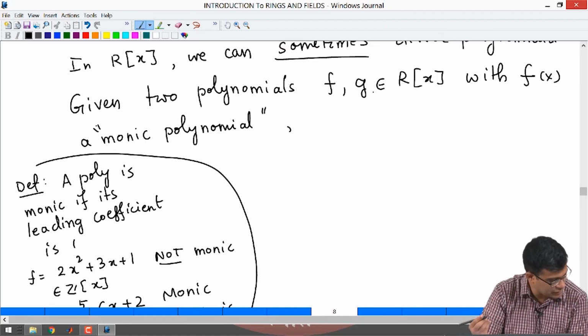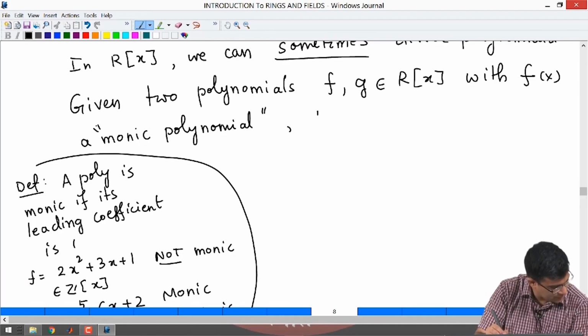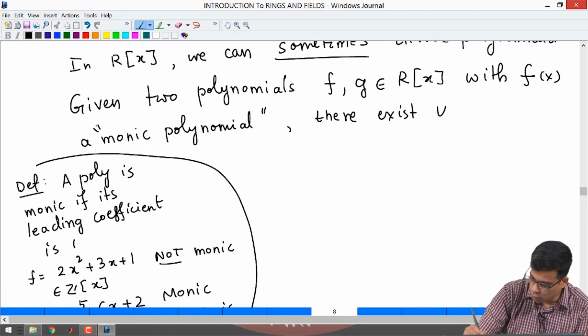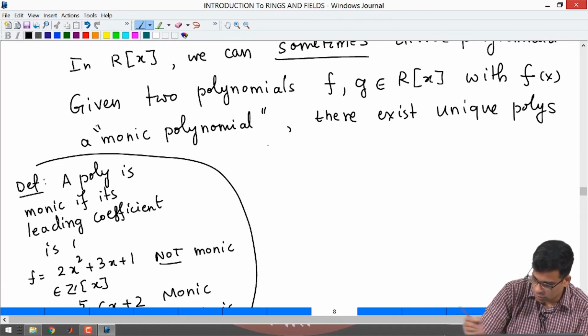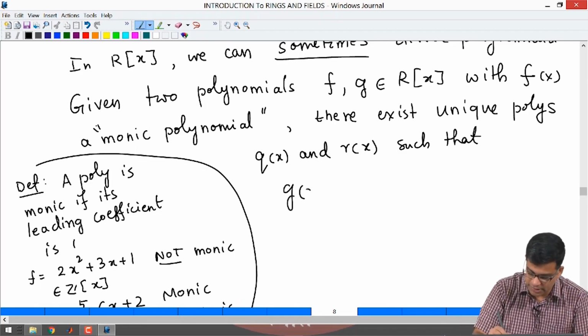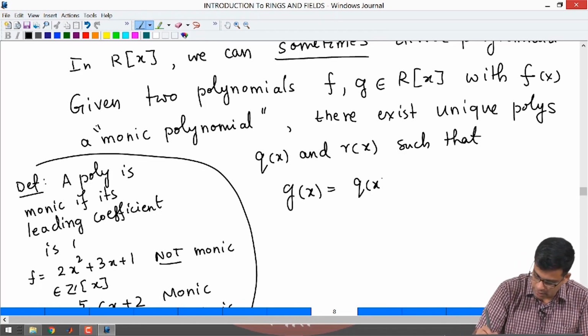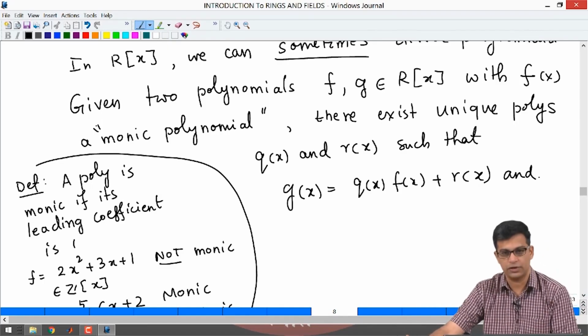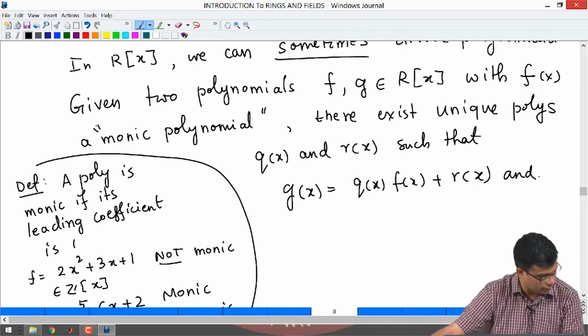It means the following: there exist unique polynomials q(x) and r(x) such that we can write g(x) as q(x) times f(x) plus r(x), and r(x) obviously stands for the remainder of this division.